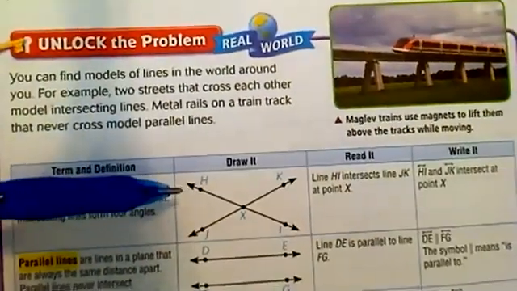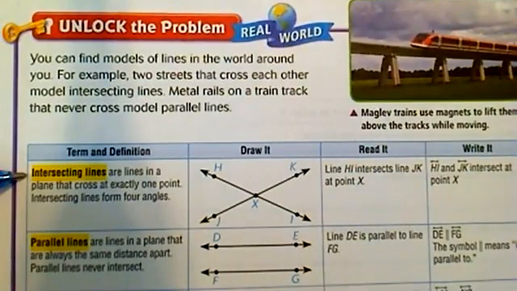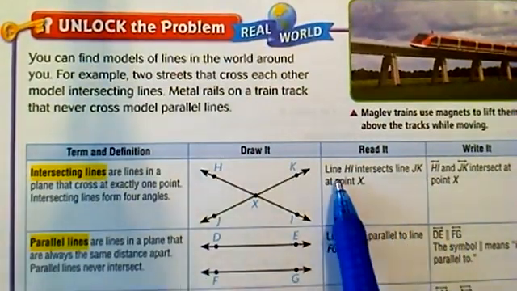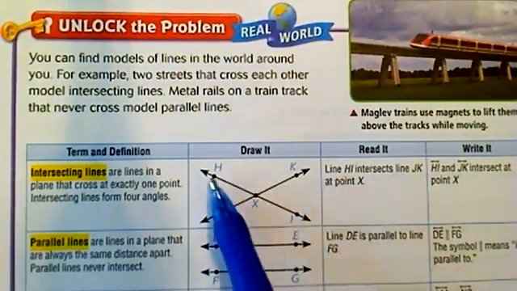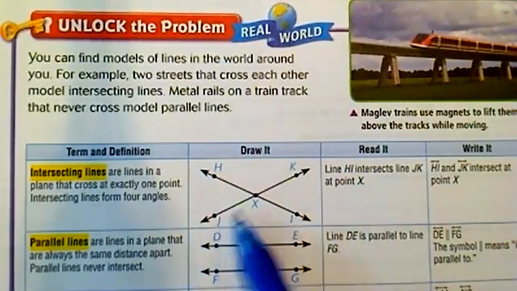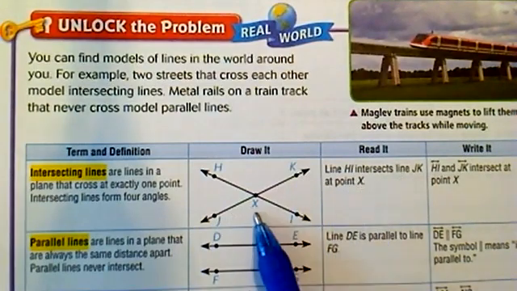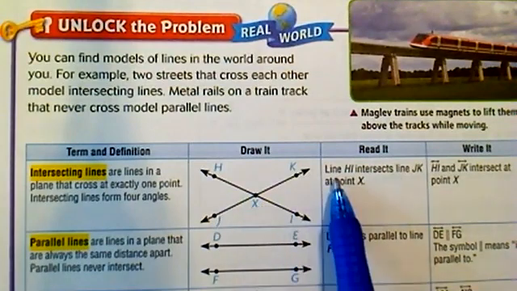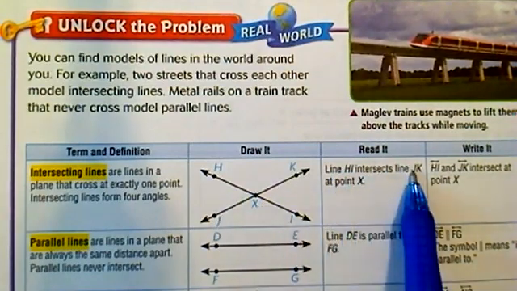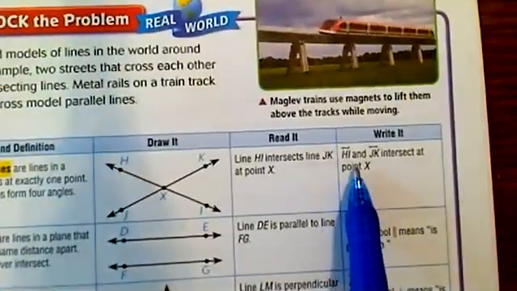So take a minute and draw this in your journal, label this intersecting lines, and we would read this as line HI intersects line JK at point X. So right there is our point where they intersect. So if we were just asked to do that, this is what it would look like. This is how we would write it.